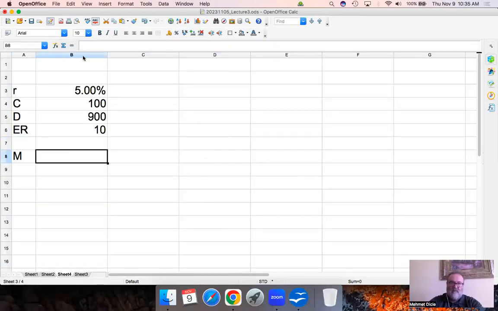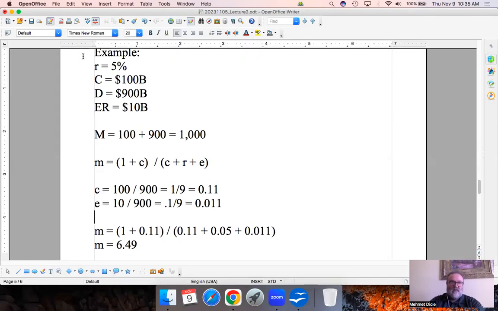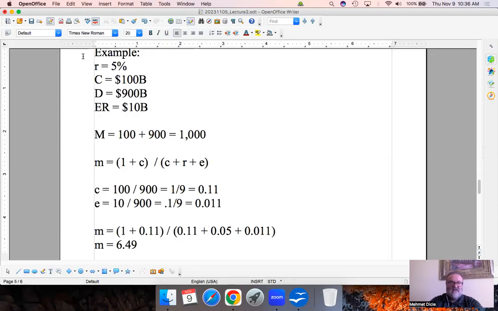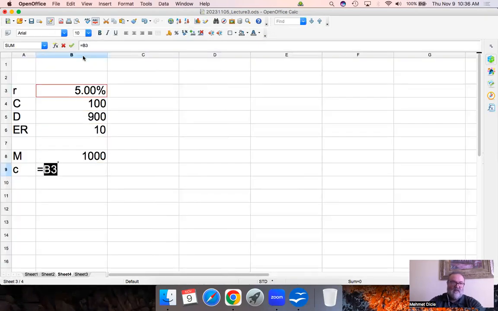So the M is your currency in circulation plus the deposits. So that's 1,000. And then we need a small c, which is the currency divided by the deposits. And then we need an E, which is the excess reserve divided by the deposits, right?